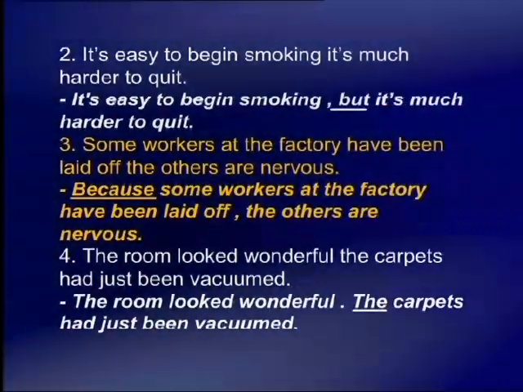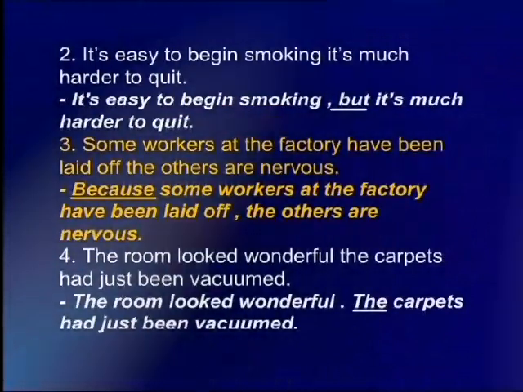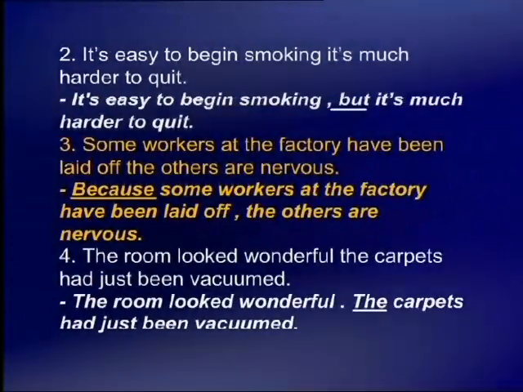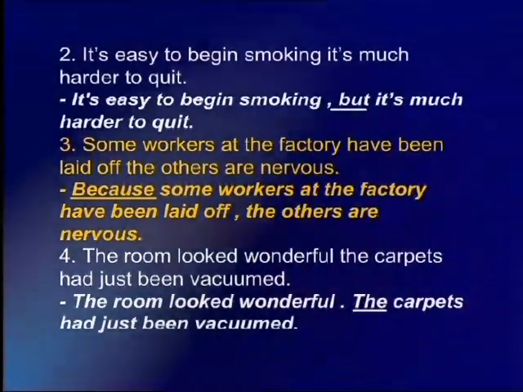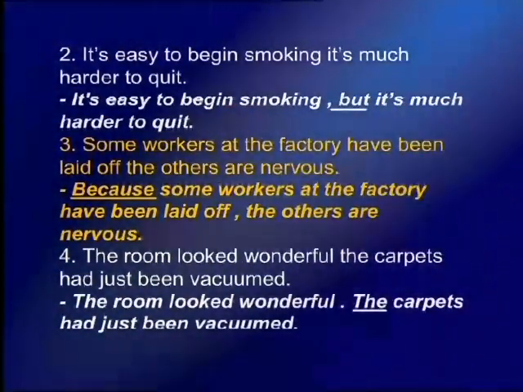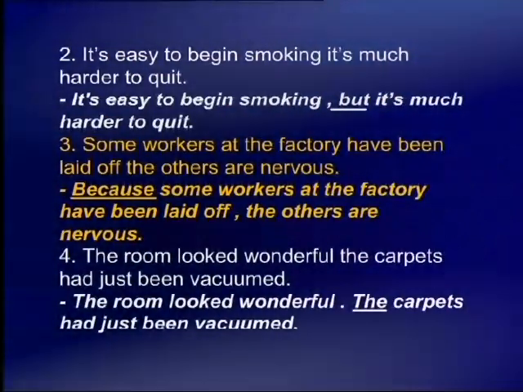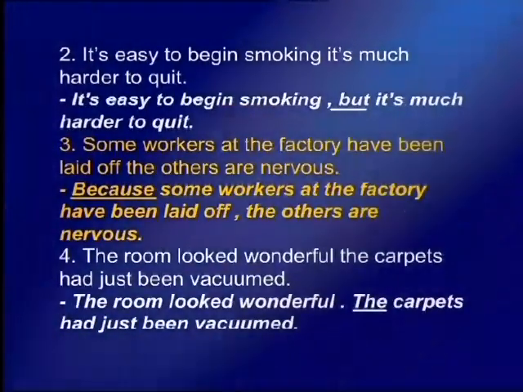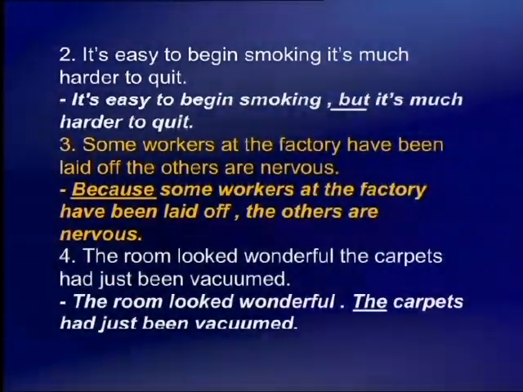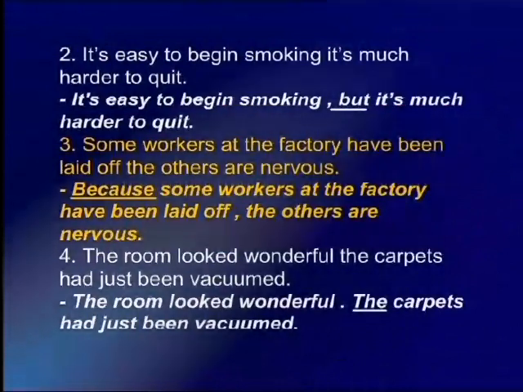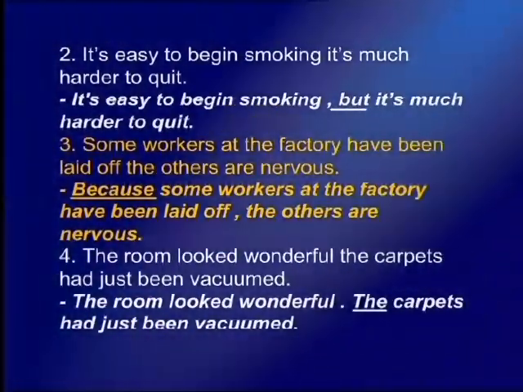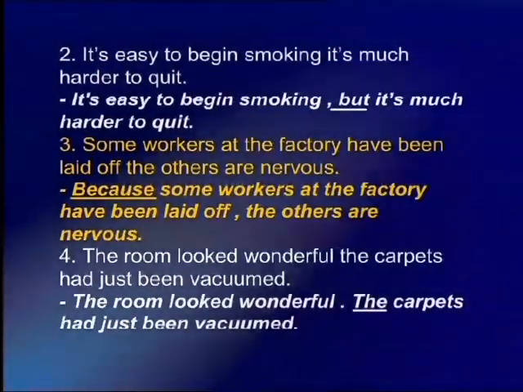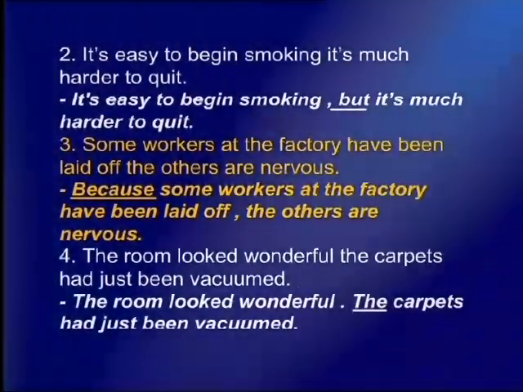One thought runs into the other. And you can improve this sentence by using one of the 3 methods that I have just pointed out to you. You can say, it's easy to begin smoking, comma, but it's much harder to quit. And you used the appropriate joining word, but.